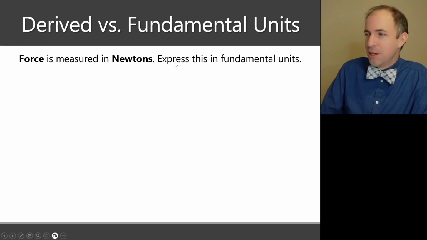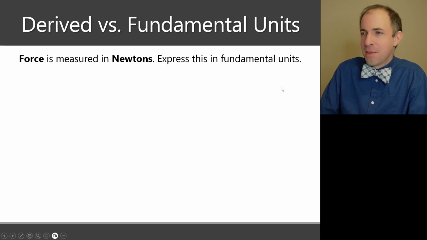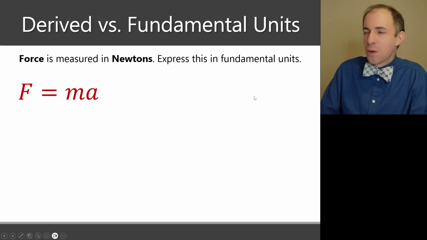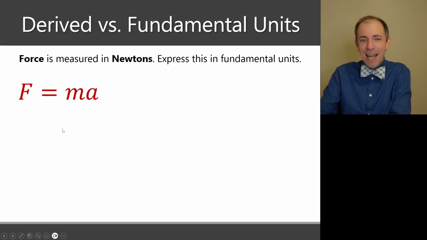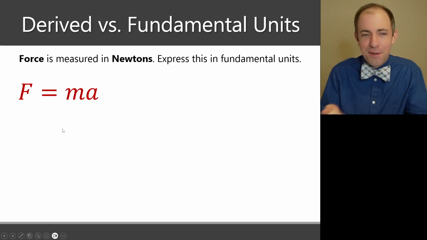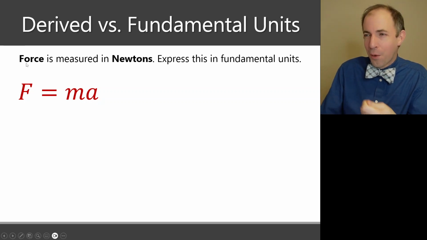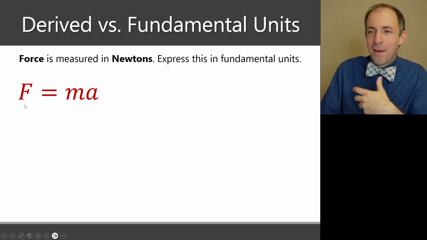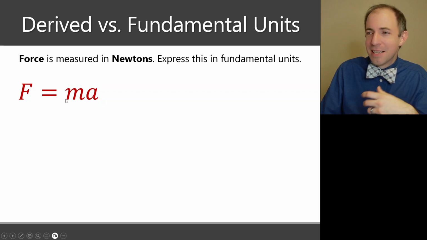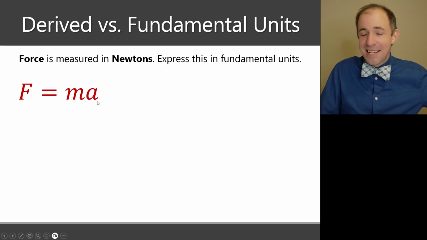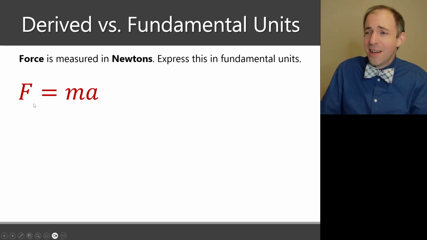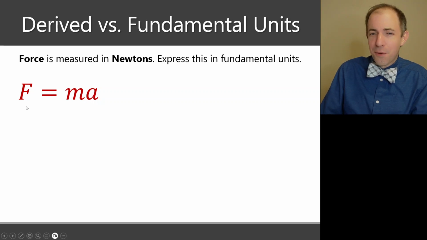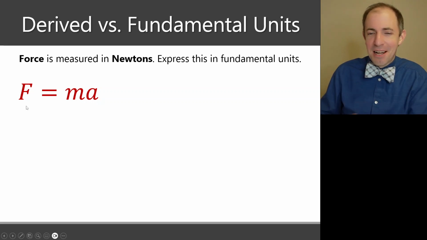So force is measured in newtons. We can express this in fundamental units. The way that we do this is basically find an equation that solves for the thing that you're looking at. So force, newtons, and a common equation that we've used is mass times acceleration. Technically, you can use any equation that solves for force, but some of them kind of get stuck along the way.